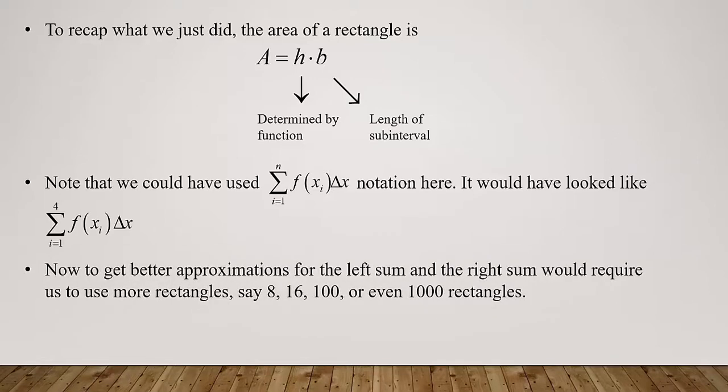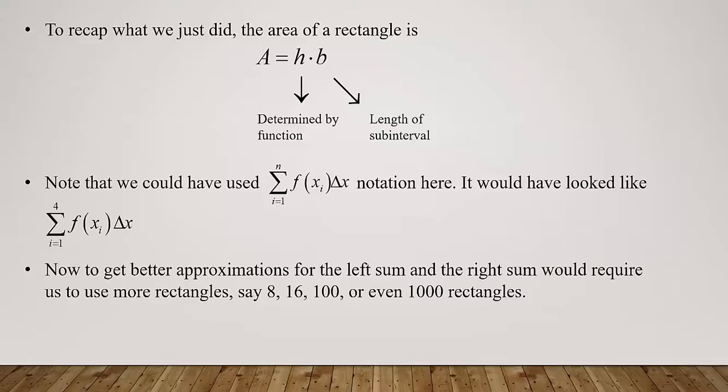Now we can get better approximations for what I was calling the left sum and the right sum. We would get those better approximations by using more rectangles, by putting in 8 rectangles, or 16, or 100, or even 1,000 rectangles. Now, we did it by hand using 4 rectangles, computing the left sum and the right sum.